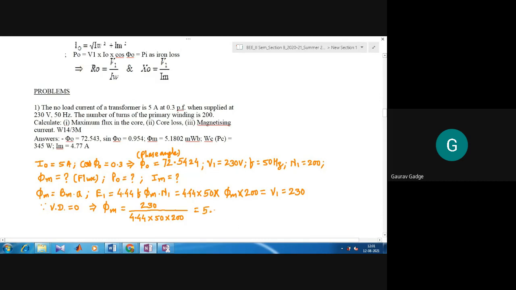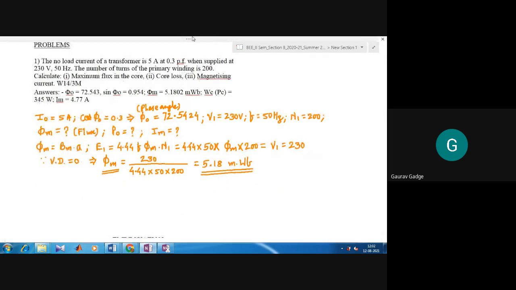It is 5.18 into 10 to the power minus 3. Okay, so I just convert that quantity in milliweber. So I am getting 5.18 milliweber. अब कन्वर्शंस मुझे नहीं लगता कि आपको फिर से बताने की जरूरत पड़ेगी. What is the value of phi m? 5.18 milliweber. So we have done the first part of this particular numerical.